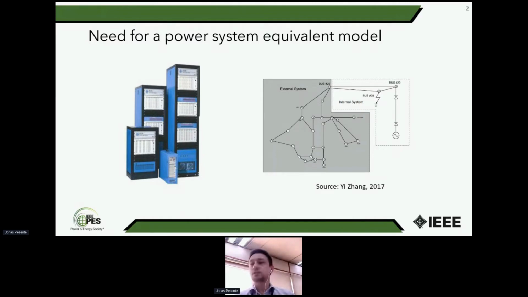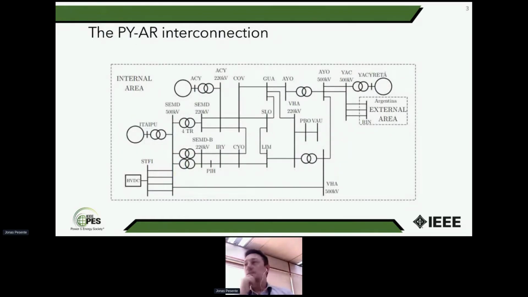So our work was to reduce these 4,000 elements to around 100 and preserve the dynamical phenomena in the proximity of the tested elements. The context of the development of this work is that there is a planned interconnection among the Paraguayan-Argentinian and, of course, Uruguayan power systems for the short-term operational horizon. To enable this interconnection, a 500 kV, 300 kilometer transmission line was built, and other deployments such as current transformers and protection switches, among other equipment, were also performed.